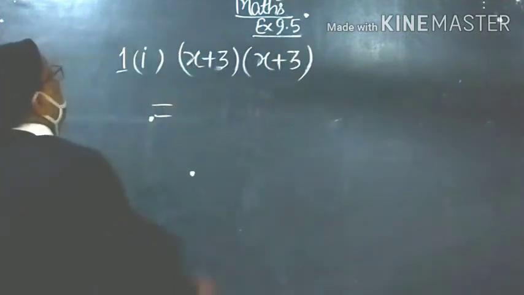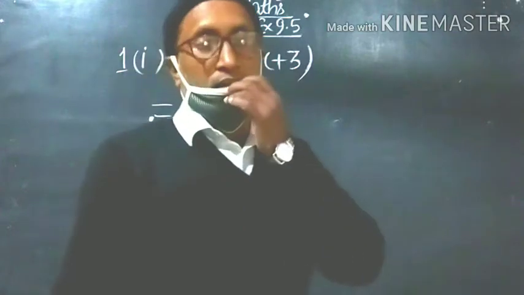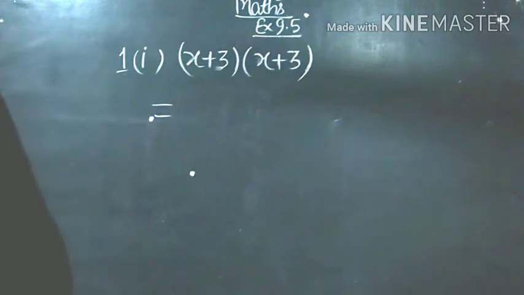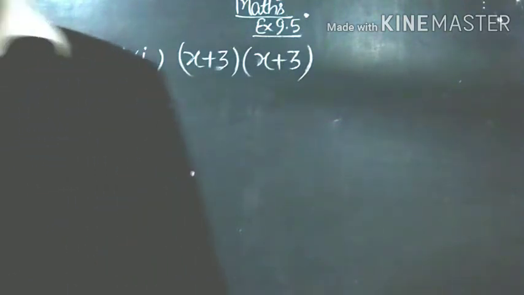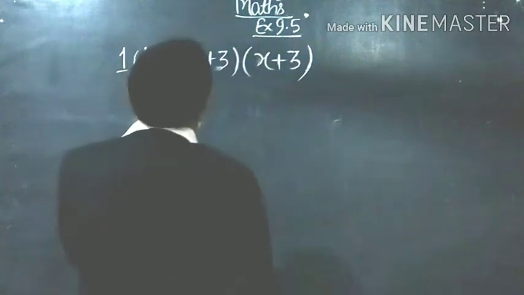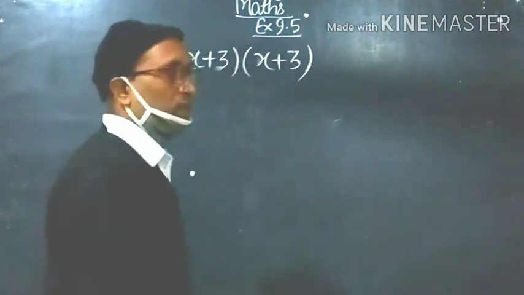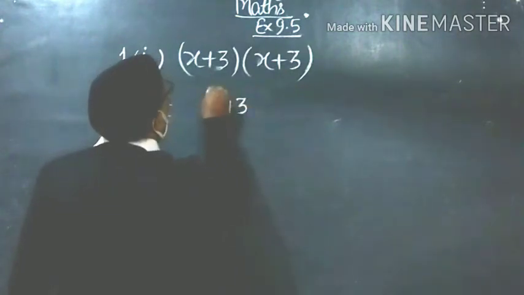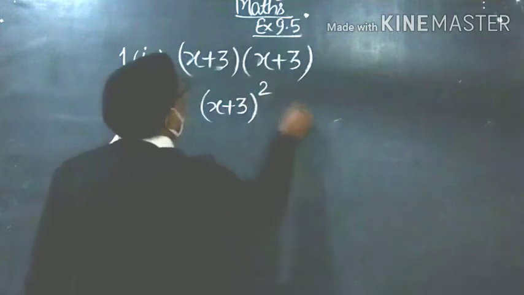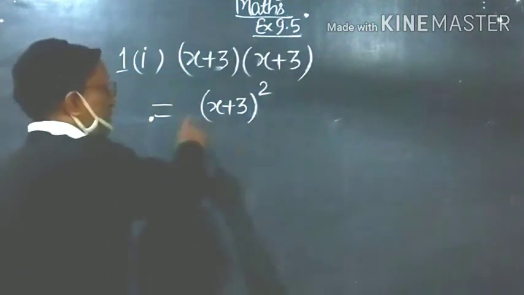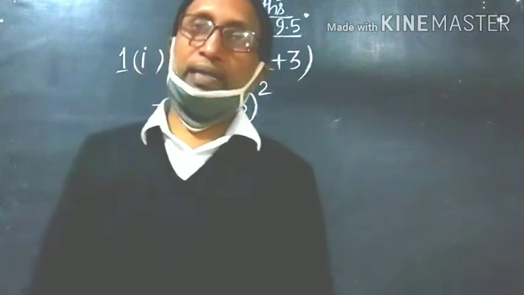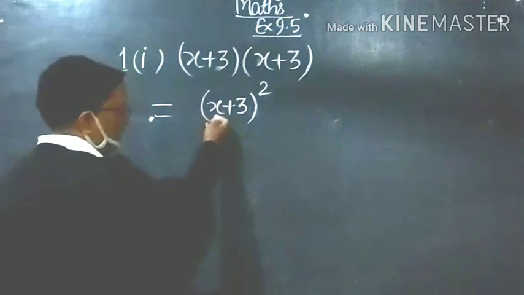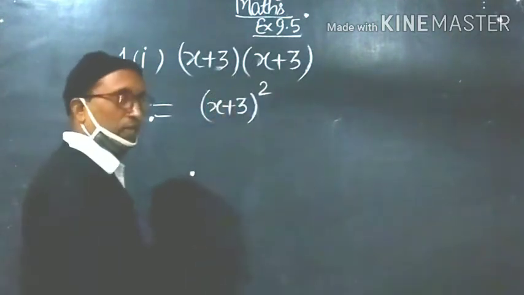You find the product of the given binomial by using a suitable identity. First you write it in the form of an identity, (x plus 3) whole square. This is like the identity (a plus b) whole square, where a is equal to x and b is equal to 3.